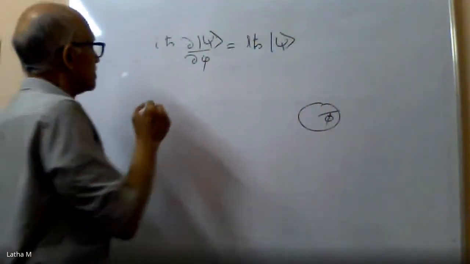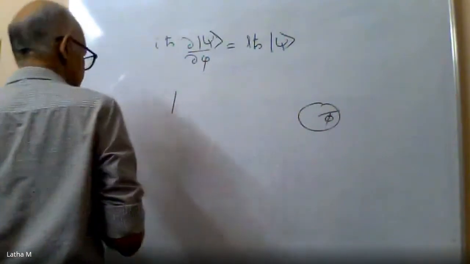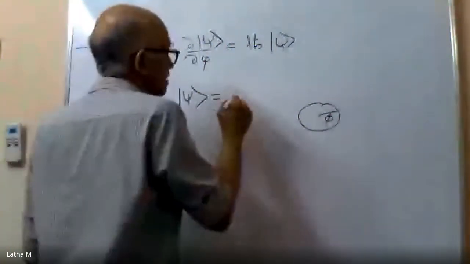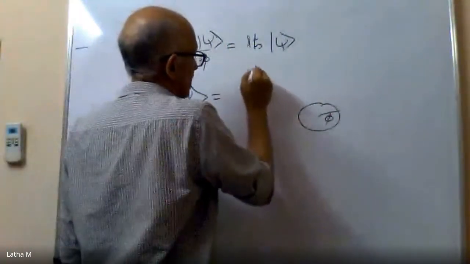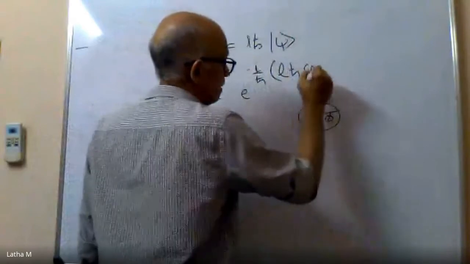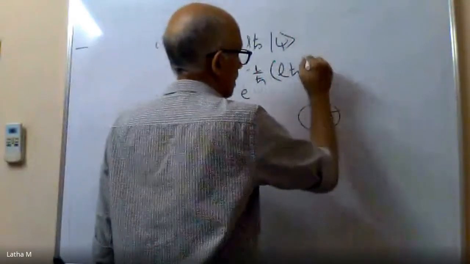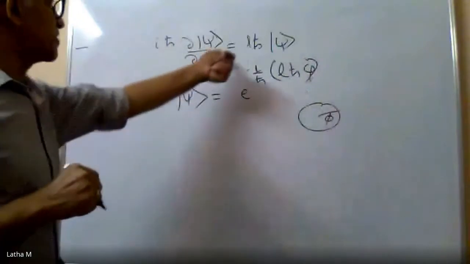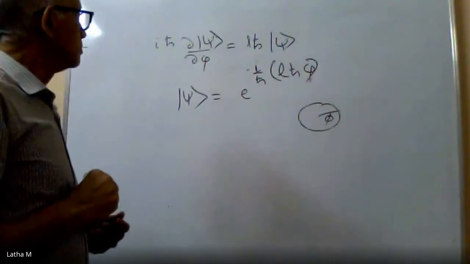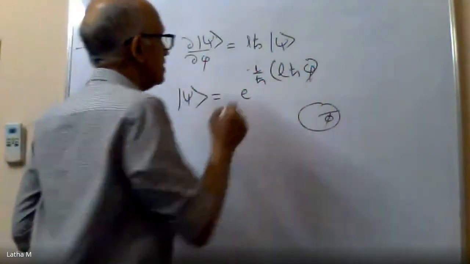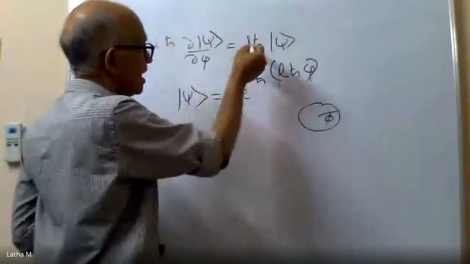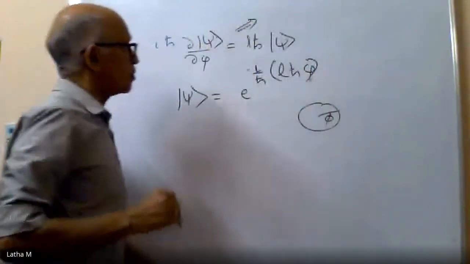This result is obtained if I write psi equal to exponential minus I by h cut L h cut phi. On differentiating, when operated with ih cut d by d phi, I get the angular momentum.